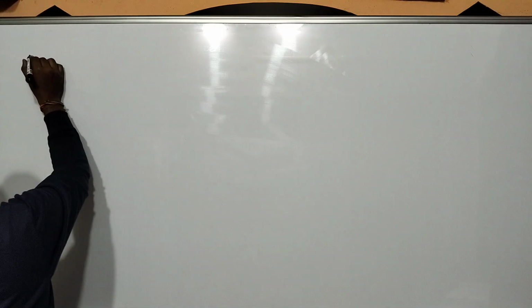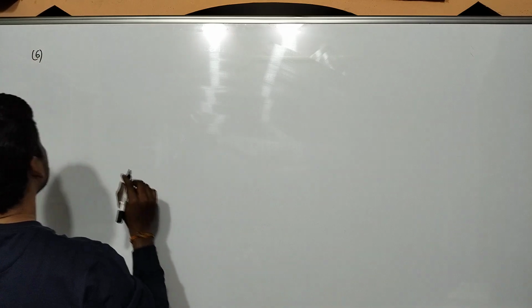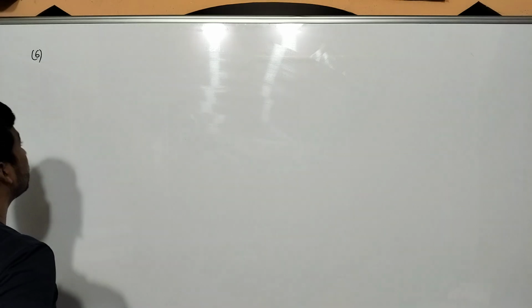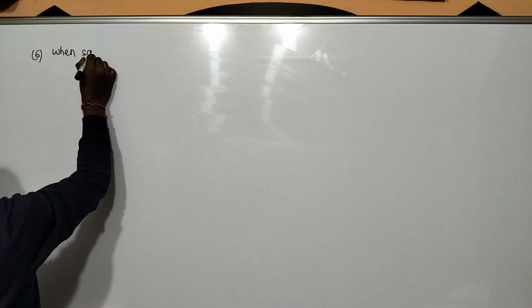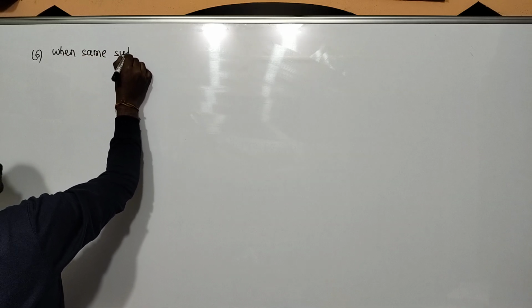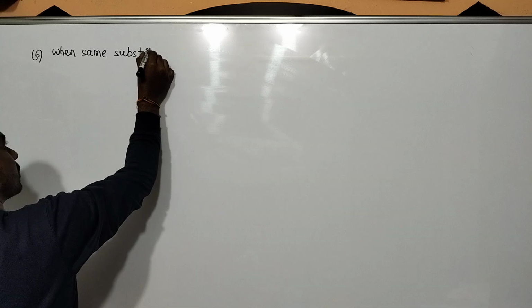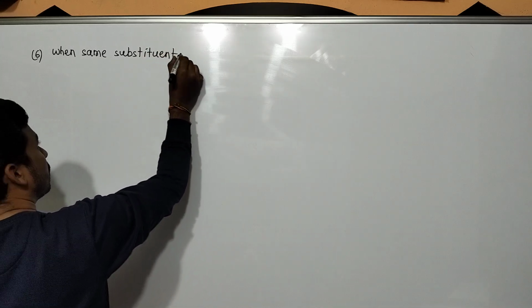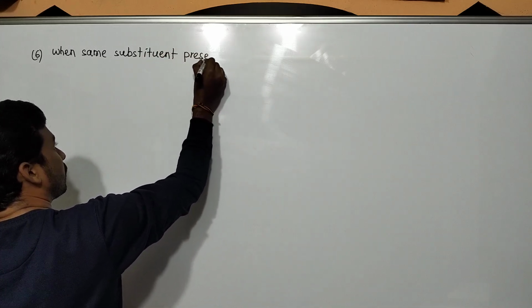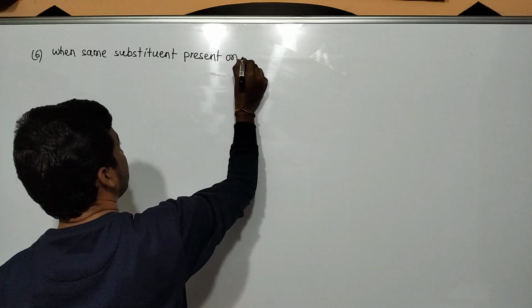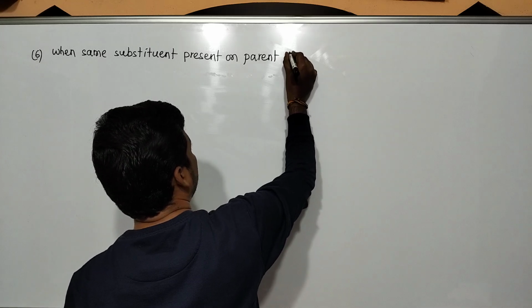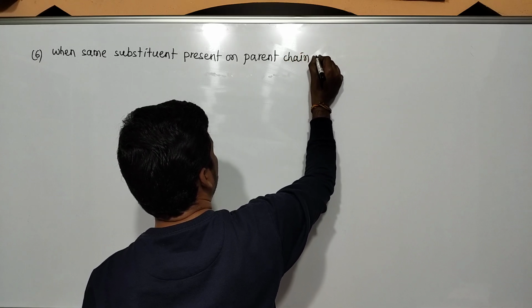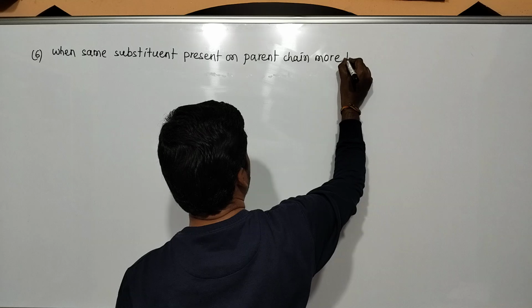Next, the sixth rule. There are 7 rules. This is the sixth rule. Next one, the seventh rule. What is the sixth rule? The sixth rule is when the same substituent is present on the parent chain more than one time.